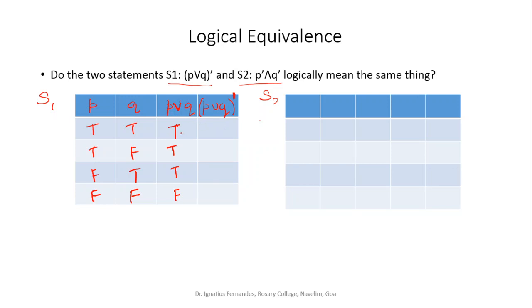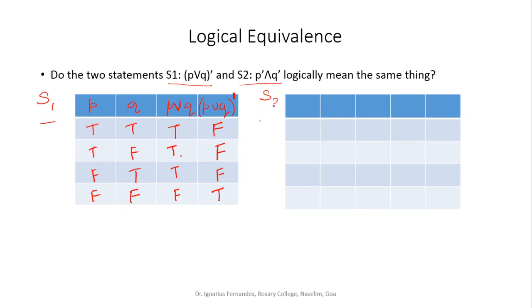I'm writing the negation of P or Q here, so I just write down its opposite truth value. If this is T, its negation is F. If this is T, negation is F. This is T here, its negation is F. This is F here, its negation is T. So this is the truth table for S1.